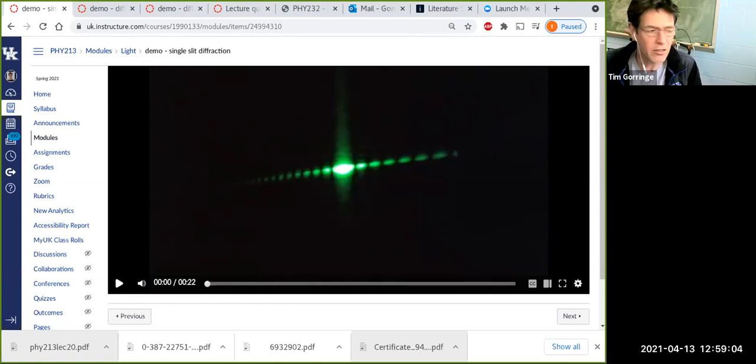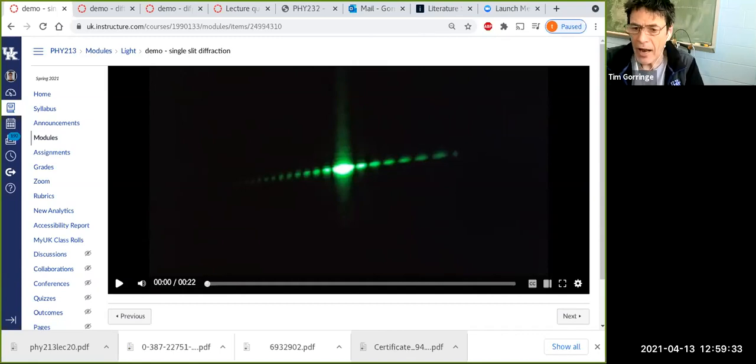If you just step back and think about this, it's quite an amazing thing. I've got a single slit, like a letterbox, and I've illuminated the single slit with green light. And then I get this kind of glorious diffraction pattern with that bright maximum, and then surrounding it a dark fringe on either side, and then other bright maxima, other dark fringes.